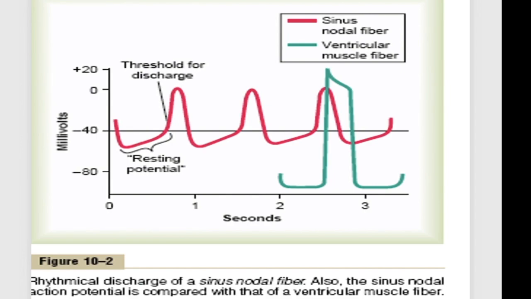Now the velocity of conduction is around 0.3 to 0.5 meters per second in both atrial and ventricular muscle fibers. And this velocity is 0.02 to 4 meters per second in the specialized conductive system of cardiac muscle.